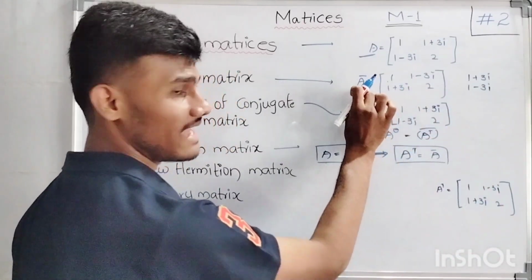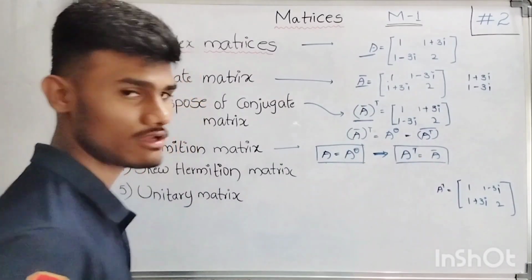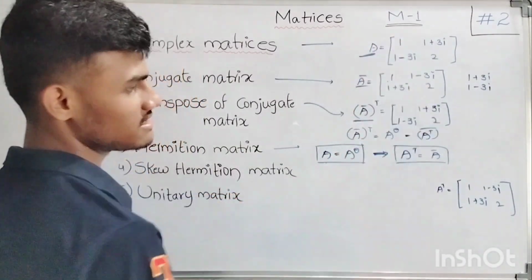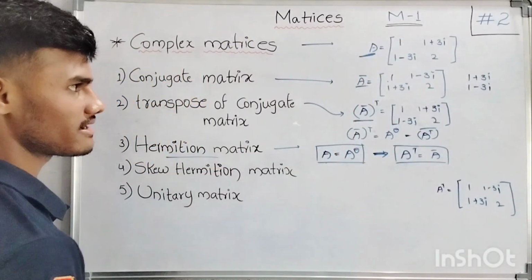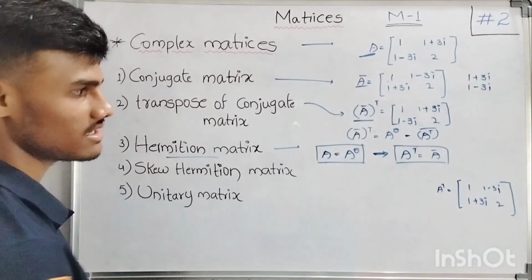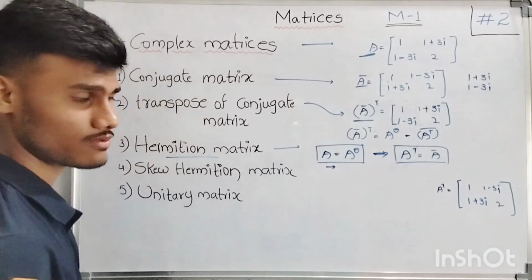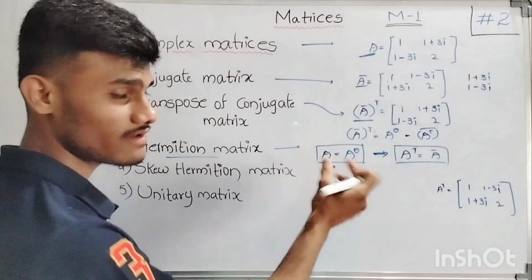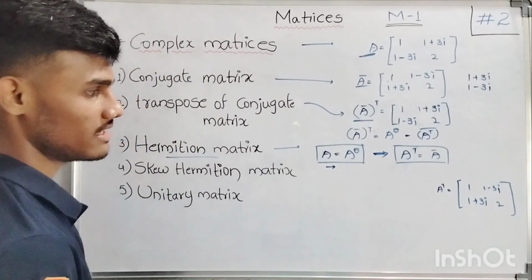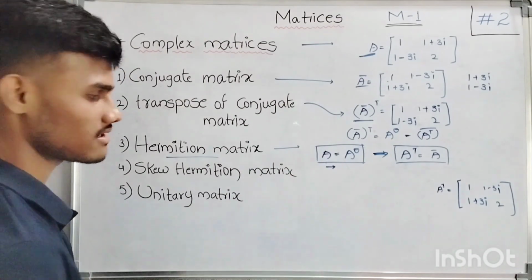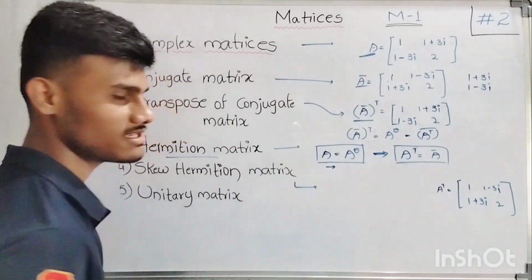See, both A conjugate and A transpose are equal. Then the matrix A is said to be a Hermitian matrix. If it is in this condition, we call it a Hermitian matrix. When the matrix A satisfies this condition, we call the matrix A a Hermitian matrix. Then what is meant by a skew Hermitian matrix?